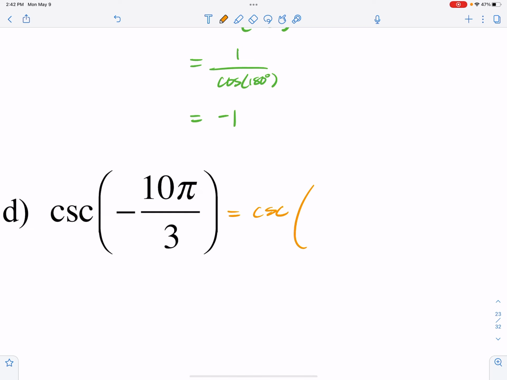Cosecant of -10 pi over 3. Well, if we added 6 pi over 3, which would be adding 2 pi, we would still be in the negative. So we're going to think about adding 12 pi over 3.